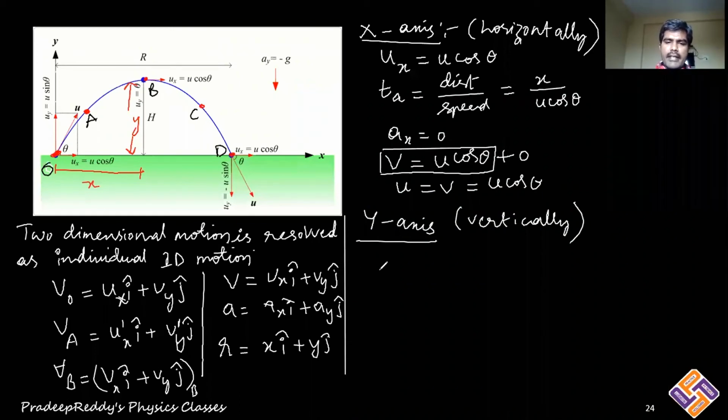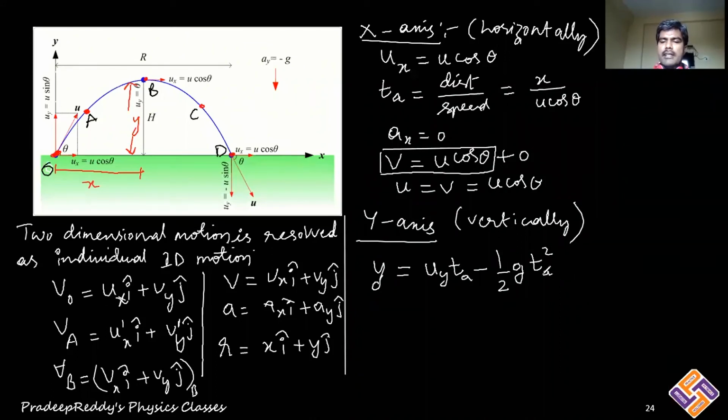So vertically you can use the equation of motion S is equal to ut plus half at square. Here s, that is y, is equal to uy into t minus half g t square, and this is time of ascent. We are considering motion of the body only from O to B. Time of ascent we have already known, it is x divided by u cos theta.